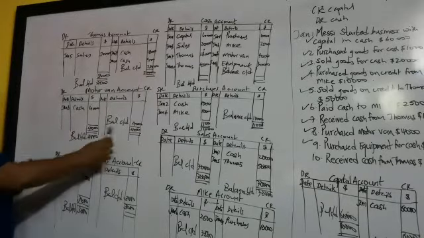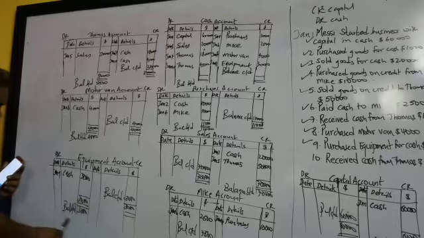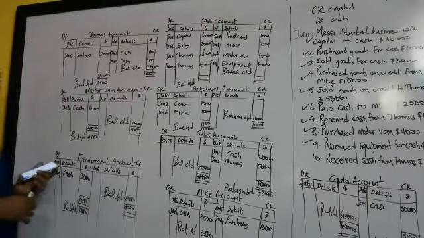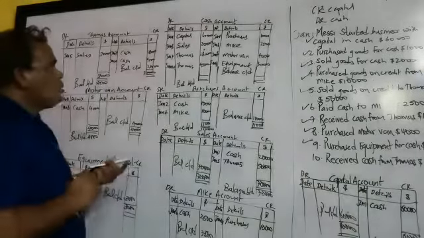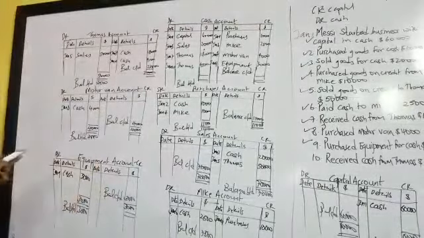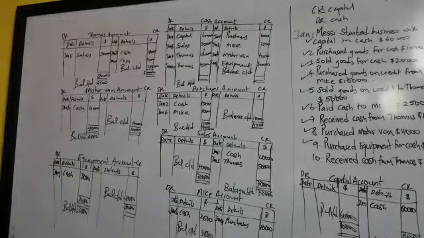We have already closed it, balance CD, balance BD 4 000, equipment account, balance CD, balance BD 3 000, and then we have to close the cash account. On the debit side of the cash account we have 60 000 and 20 000, and then we have 18 000 and then 4 500.